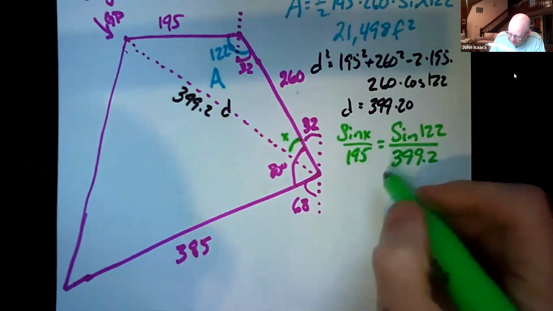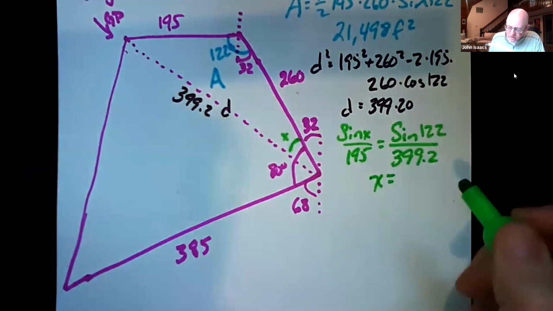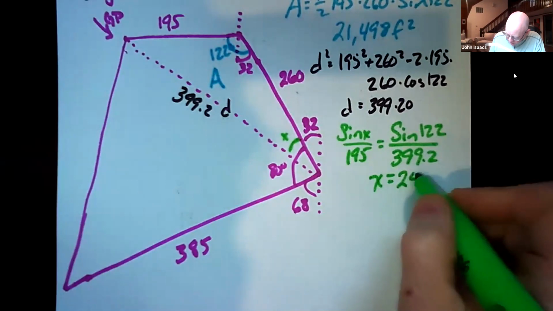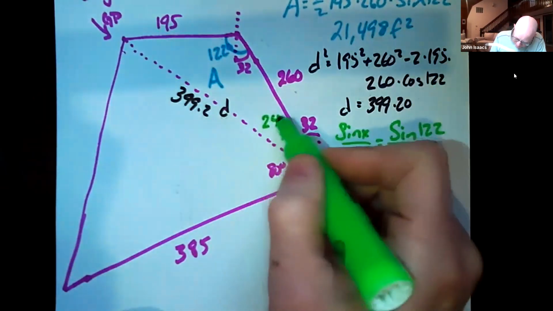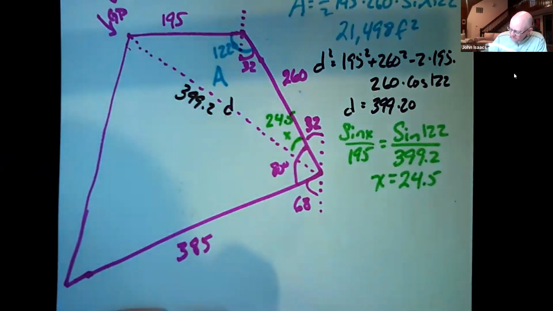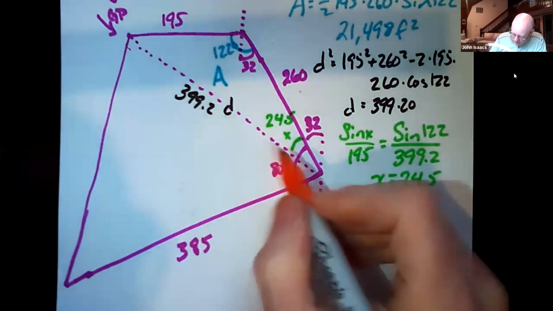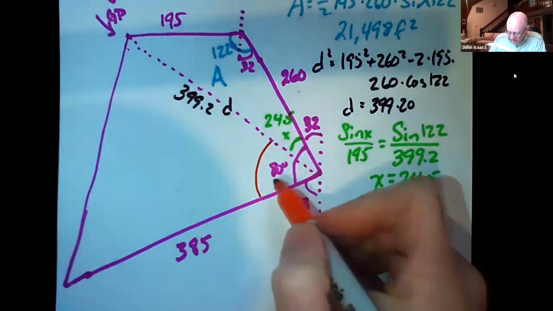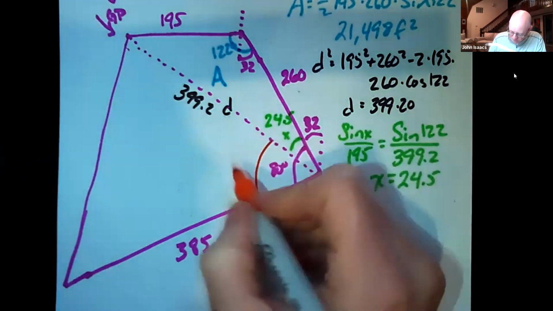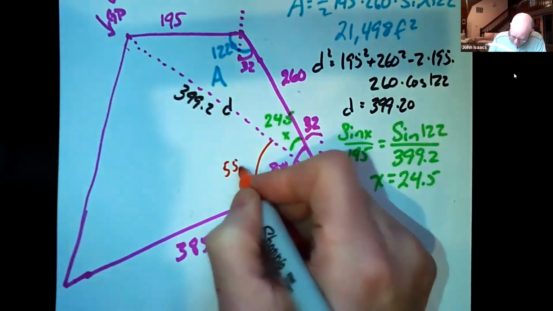And when you do that, x should come out to be 24.5. So if x is 24.5, then the angle we're looking for here is going to be 80 minus 24.5, also known as 55.5.